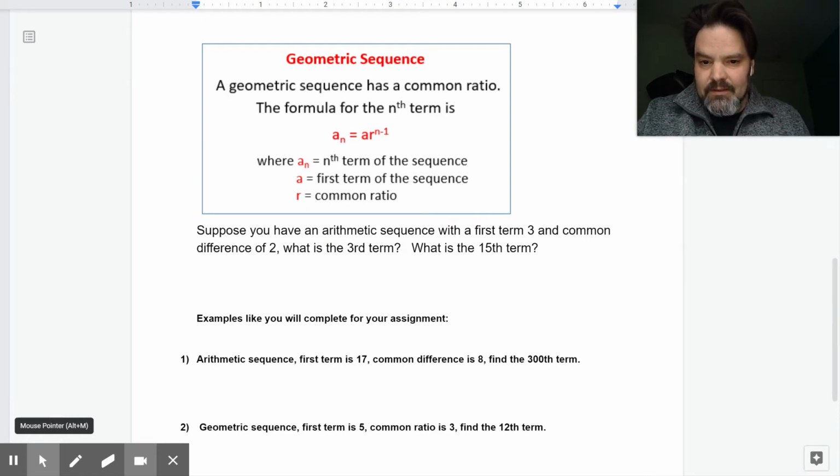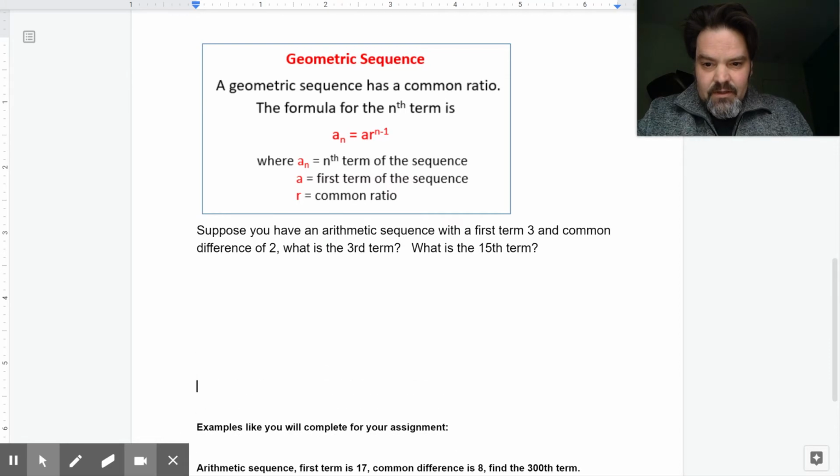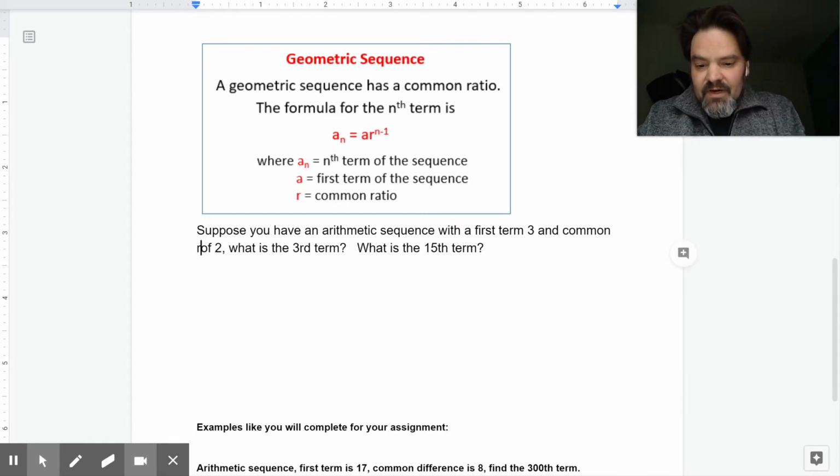So again, let's start with a very simple example. Looking for the third term, then we'll apply it further and look for the 15th term. So let me give myself a little bit of space here. All right, we have an arithmetic sequence, first term 3, and a common, actually, this should say common ratio.